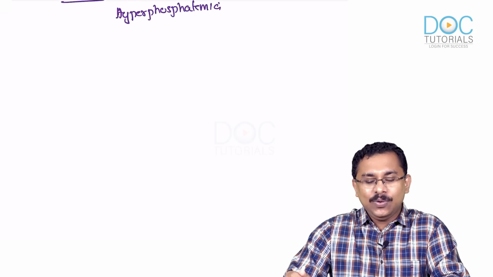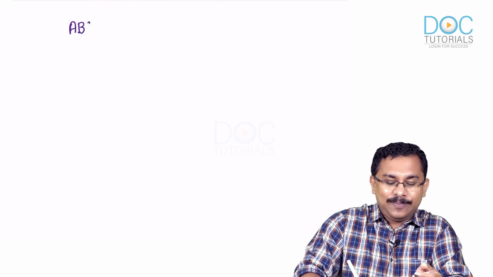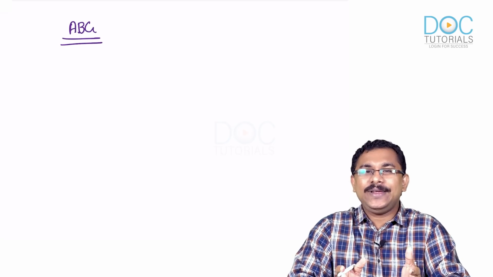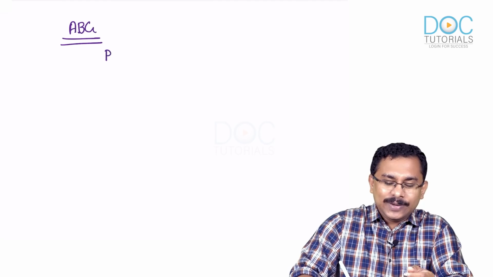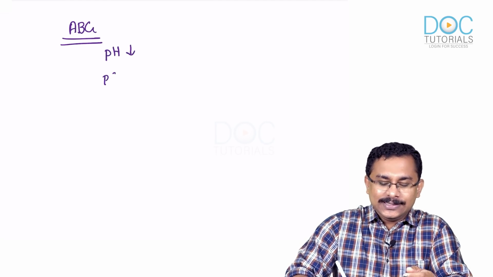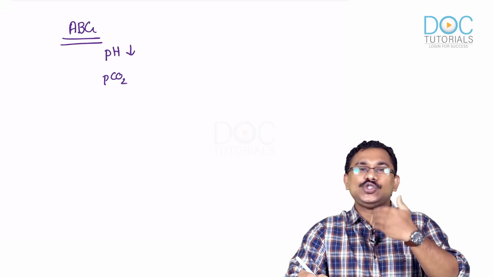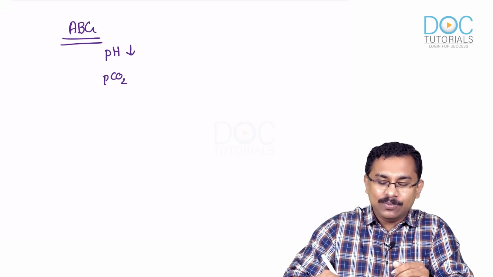And then what about your ABG levels when you do an ABG in a patient? Because ABG is definitely mandatory in a patient with diabetic ketoacidosis. So remember, it is acidosis, so pH will be low. And since the patient is having Kussmaul breathing, rapid acidotic breathing, there will be a carbon dioxide washout.